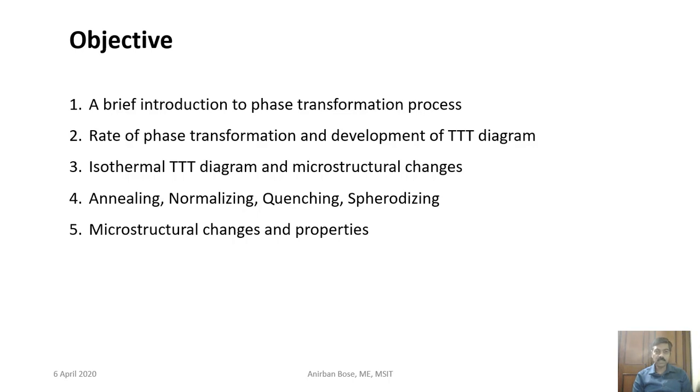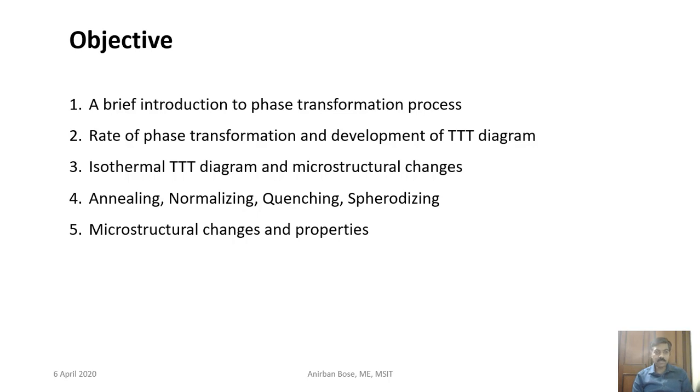of mathematical detail also. And then we'll see the rate of phase transformation and the development of TTT diagram. This TTT indicates time temperature transformation diagram. Then we'll see how the microstructure changes with the help of TTT diagram at different cooling rates.